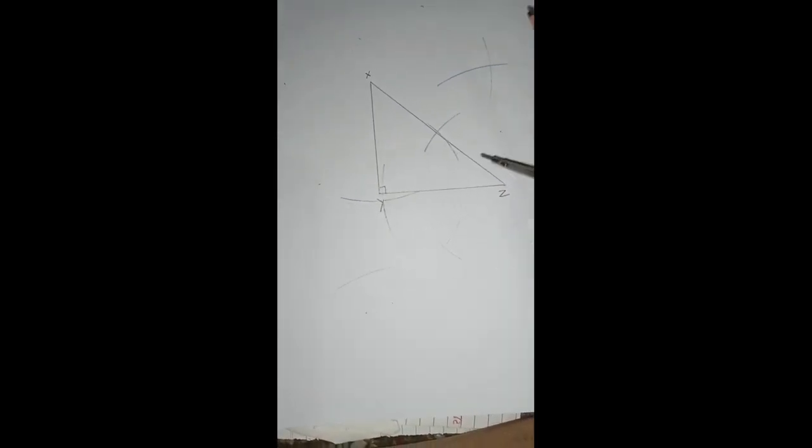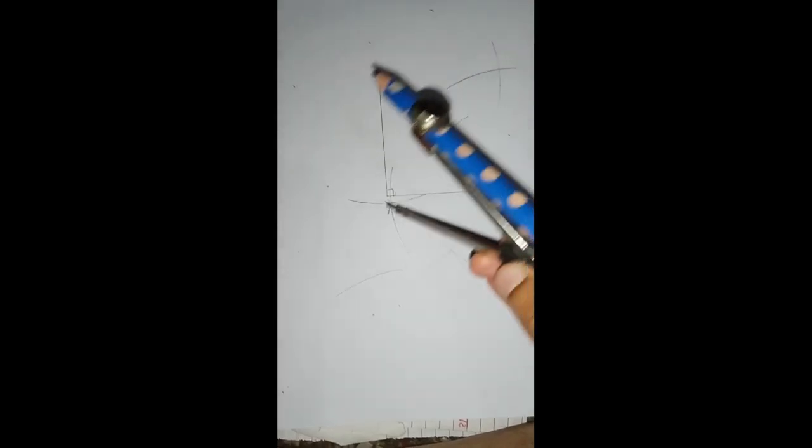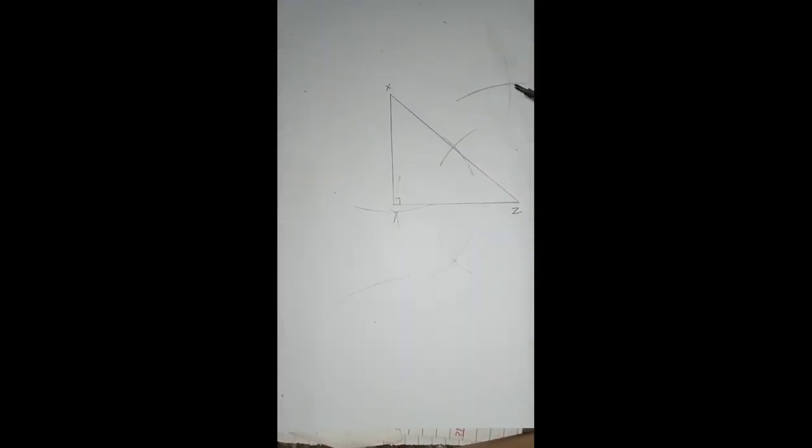After that, join the straight line, and this is the perpendicular bisector on segment XZ.